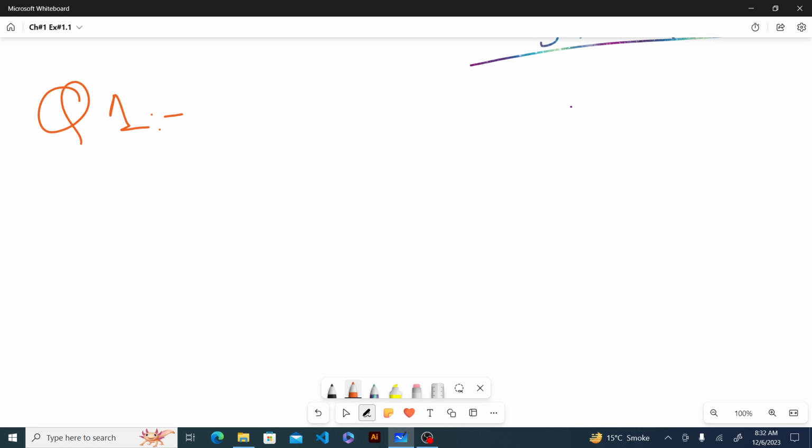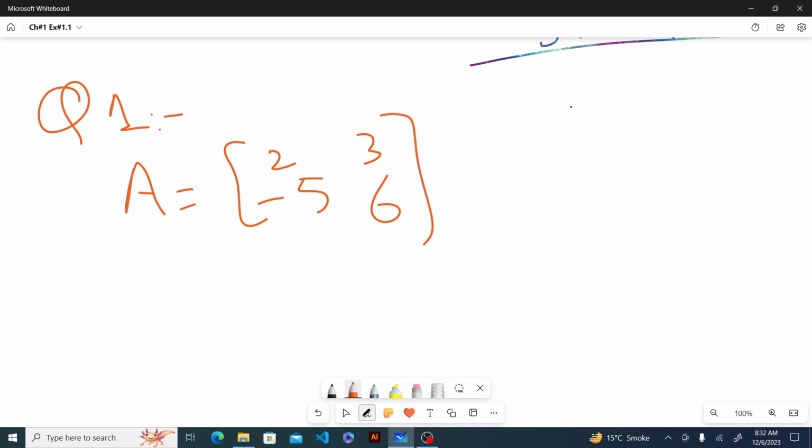Now we are going to solve each part of the question. The first part is A, minus 5. This is the first matrix which is given here, and we have to tell the order of this matrix.